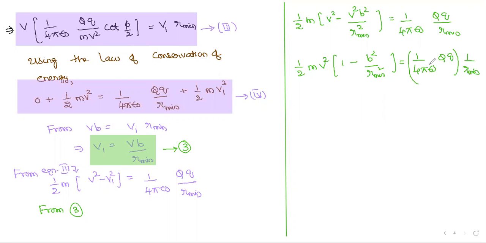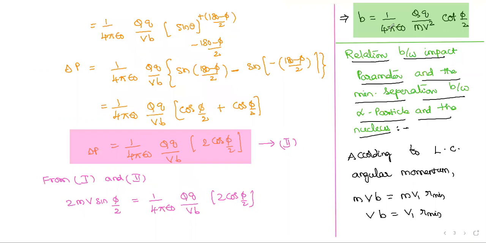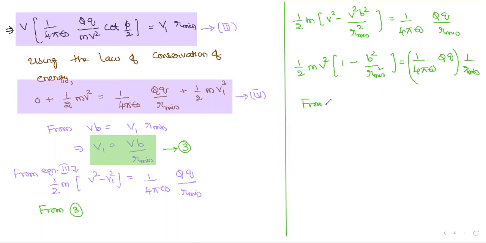So to incorporate b over here, better I go with, instead of the third equation, this equation, the final result I got. From the equation, b is equal to 1 by 4 pi epsilon naught q by mv square into cot phi by 2.